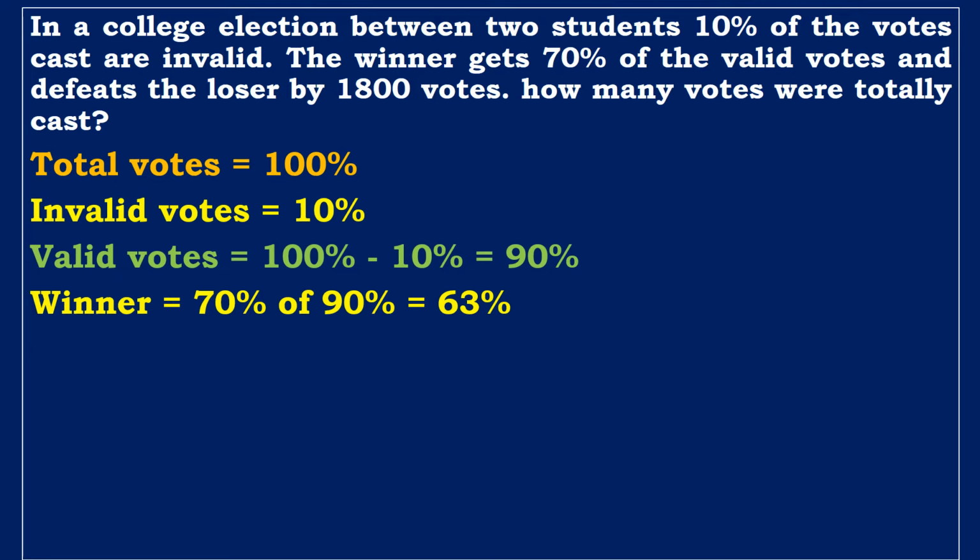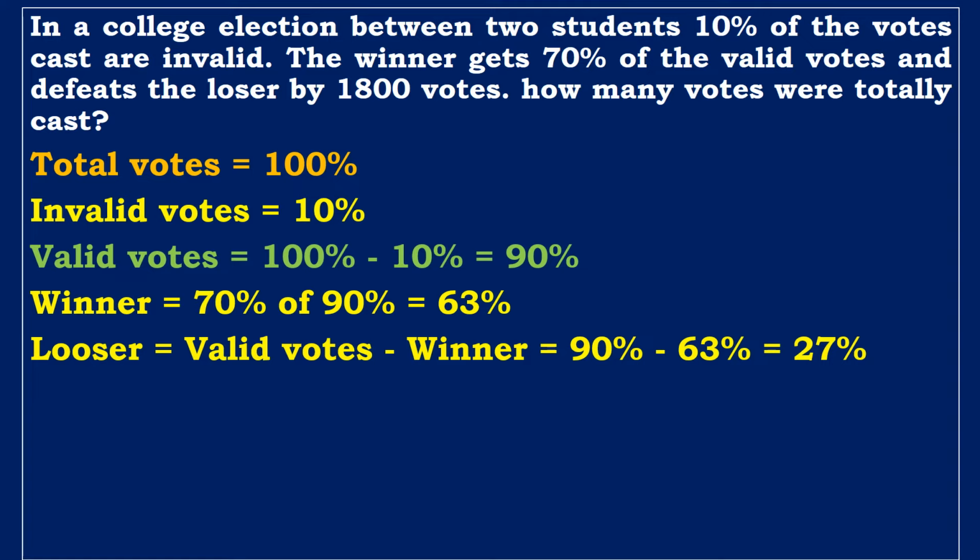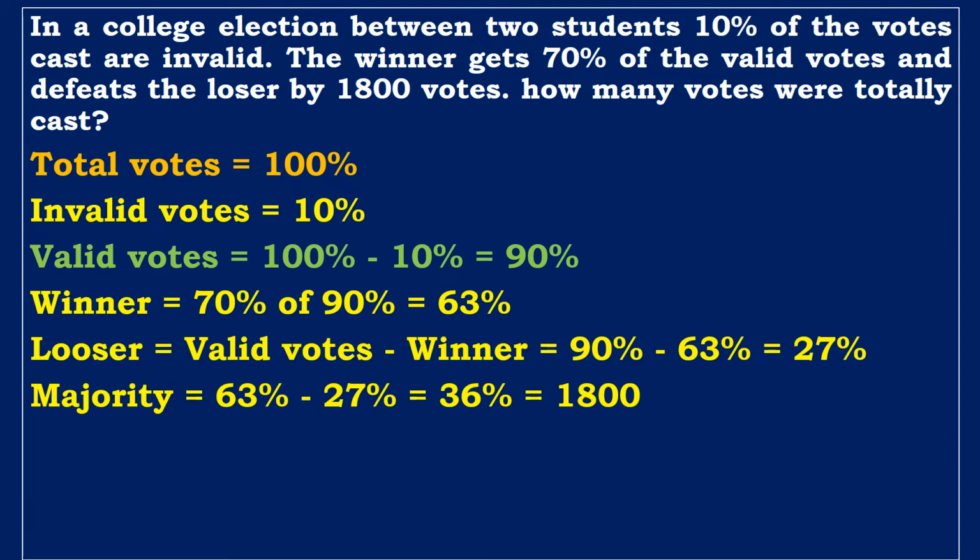The difference between valid votes and winner is 90% minus 63%, which becomes 27%, the votes polled for the loser. Then, the winner defeats the loser by 1,800 votes. That means the winner's vote percentage is 63 and the loser's vote percentage is 27.